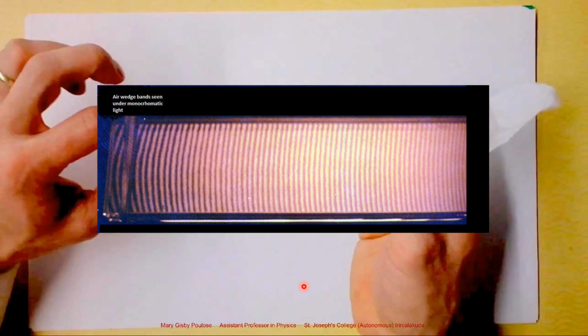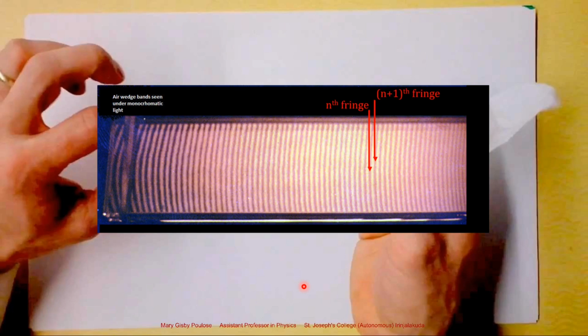Now, by using a traveling microscope, we can select any one of the fringes as the nth fringe, and the successive fringe will be the (n+1)th fringe. We usually take the dark fringes for counting because that is the most suitable fringe to select.